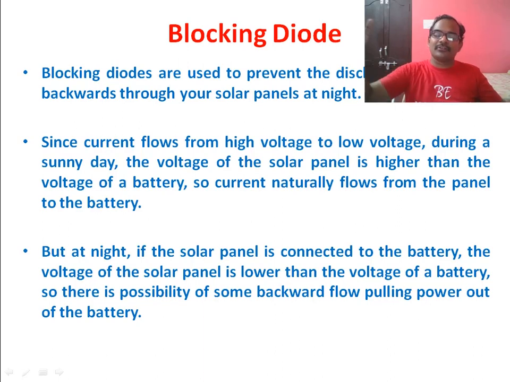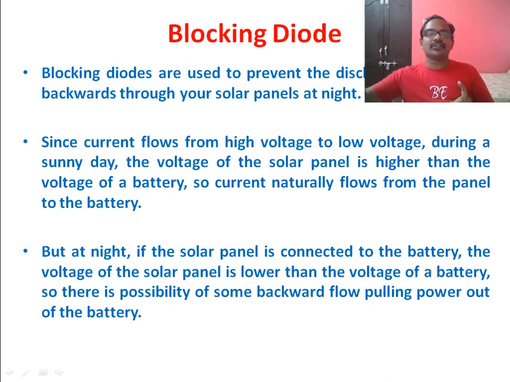Now current will flow backwards from battery to the panels. If this backward flow of current takes place, there are two problems. The first problem is that hot spots will arise, and the panels will be burnt out. And one more thing, the batteries in which we have stored the energy will be drained out.